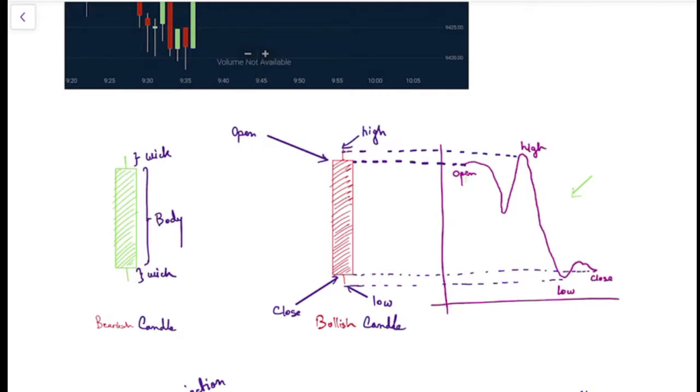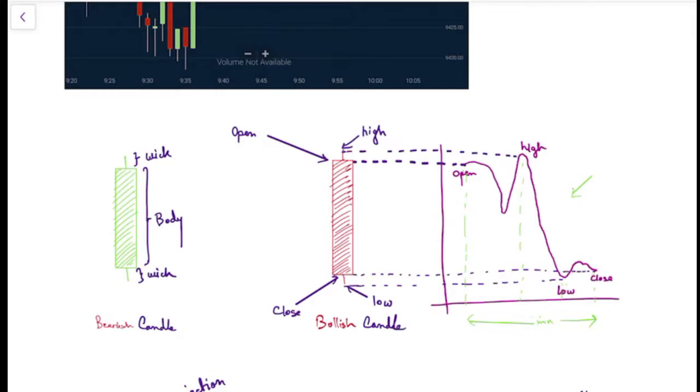This is the open price, this is the lowest price of that stock, this is the highest price, and this is the close price, over a duration of 1 minute. So during that duration, the highest price was this, the lowest price was this, the open price was this, and the close price was this.